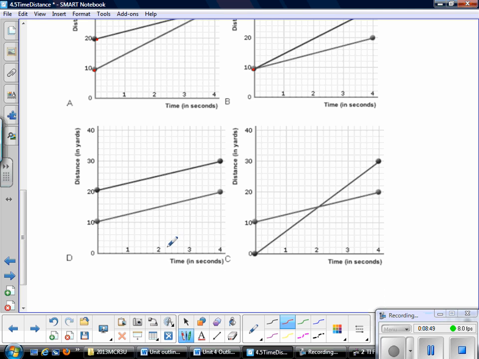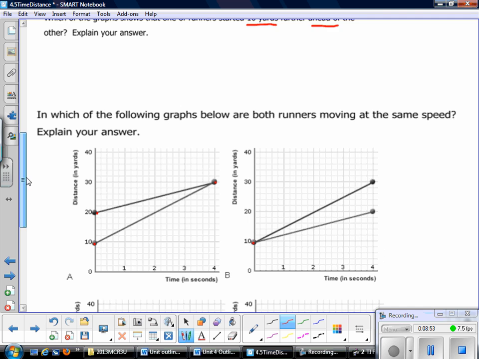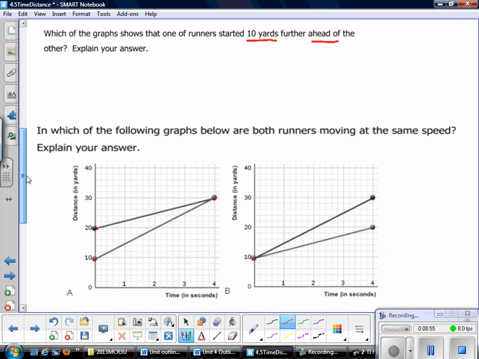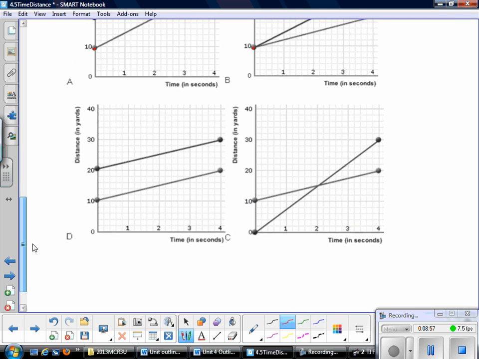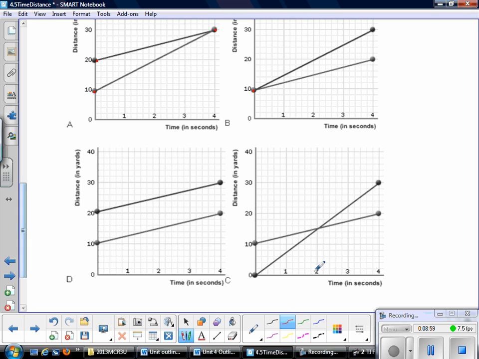Let's take a look at this one. Hold on. The same speed, same speed. Well, let's take a look. This one intersects here, so that means one's faster than the other. These ones here look like they are parallel, which it does look that way.